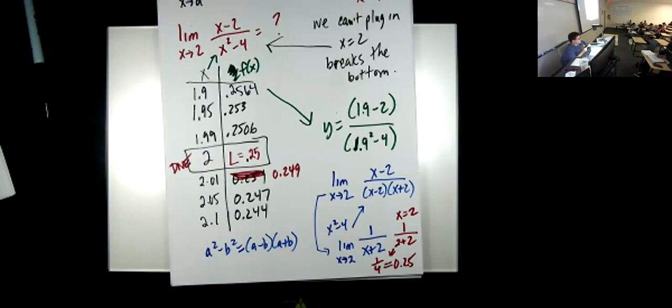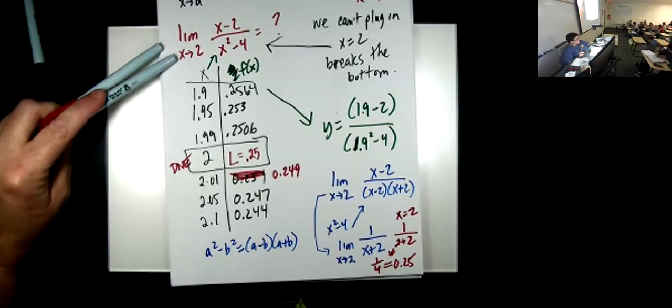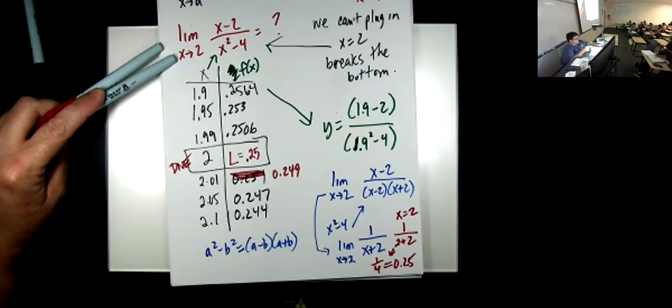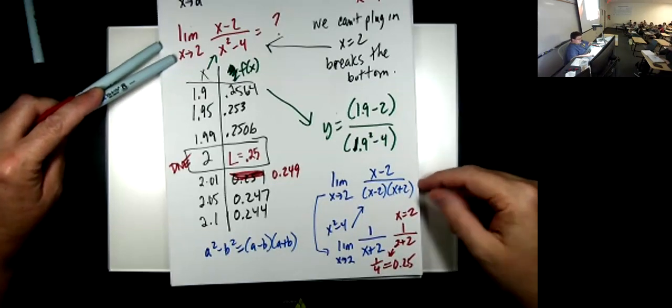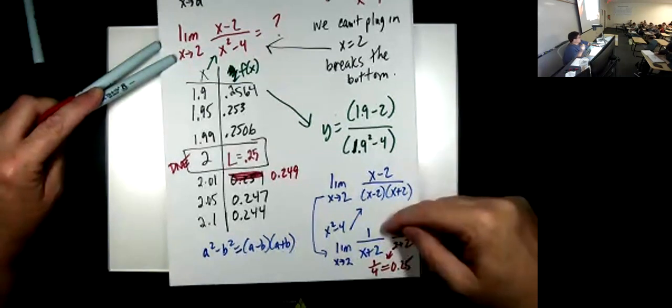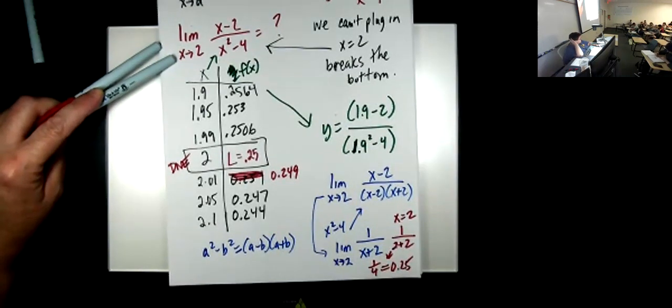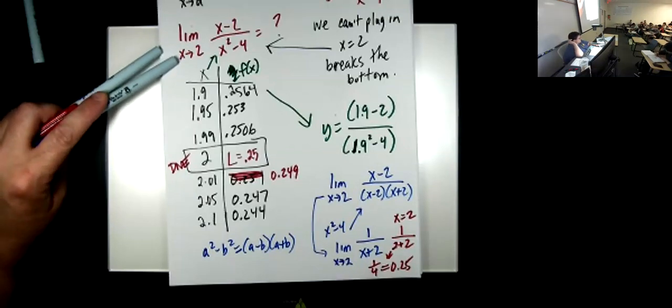So if we tinker with the equation, in this case by factoring and canceling, so that we can plug in the value we're trying to approach, we can find the limit that way. x equals 2 is called a discontinuity here. The line is not continuous at 2, there's a hole there.